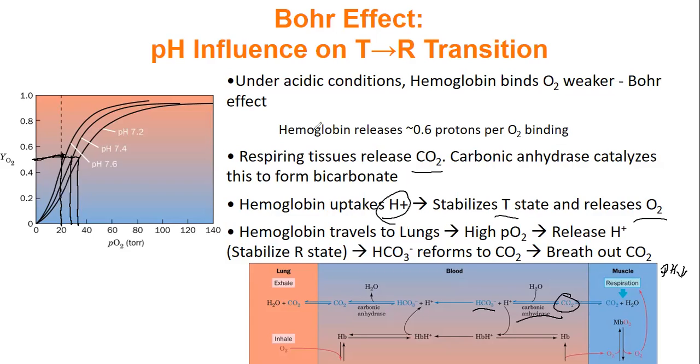That O2 is taken up by the muscle that is doing exercise. So this is how your body can deliver oxygen to tissues that are doing work. It's all because of the Bohr effect, and all because CO2 is a waste product. Your body is that refined to deliver oxygen to respiring tissues.